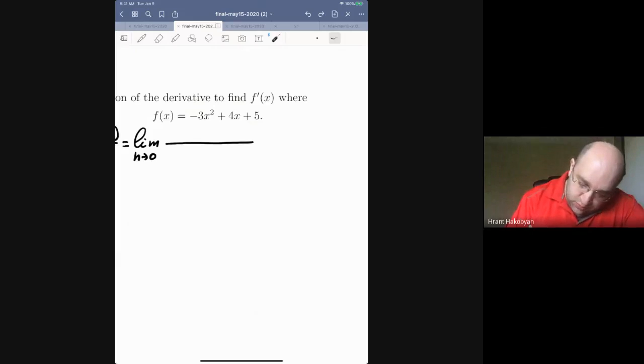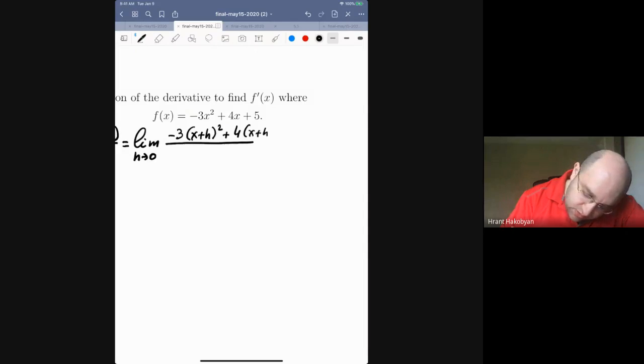So it's going to be negative 3 times x plus h squared, plus 4 times x plus h, plus 5. So that's my f of x plus h.